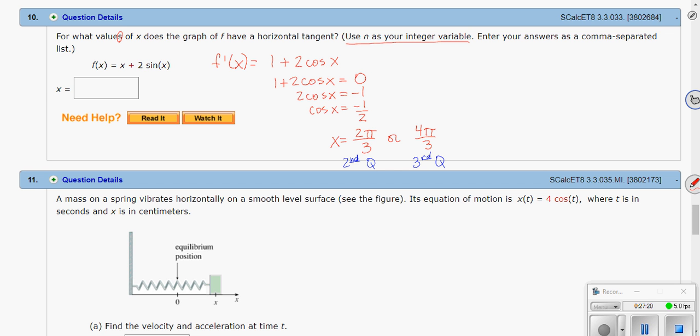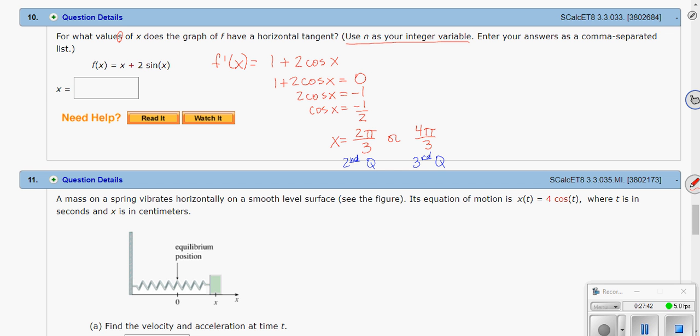So you're going to have 2 pi over 3 and 8 pi over 3 and 14 pi over 3 and all of those. Every 2 pi you're going to keep reiterating and getting the same answer. Same thing with 4 pi over 3. You're going to have 10 pi over 3, and 16 pi over 3. All of those are going to give you the same answer.